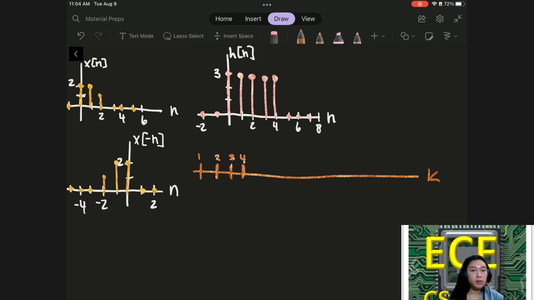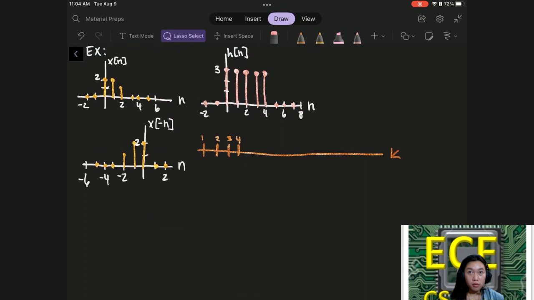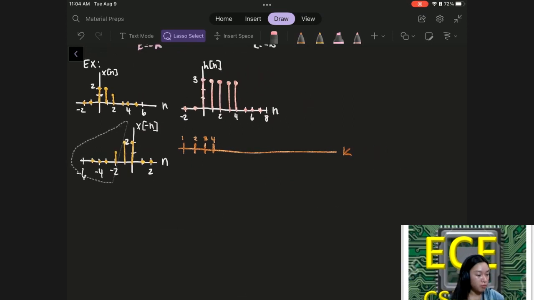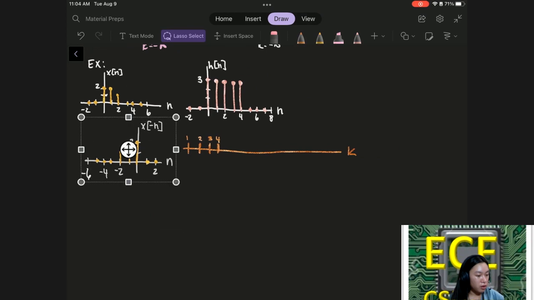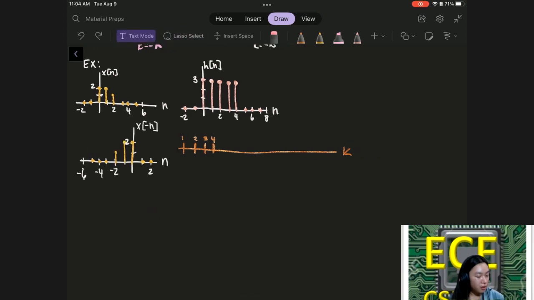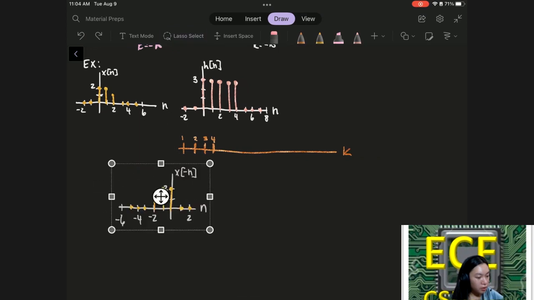So, when you're shifting by k, what that means is you're shifting x of n by k. And k iterates by 1.